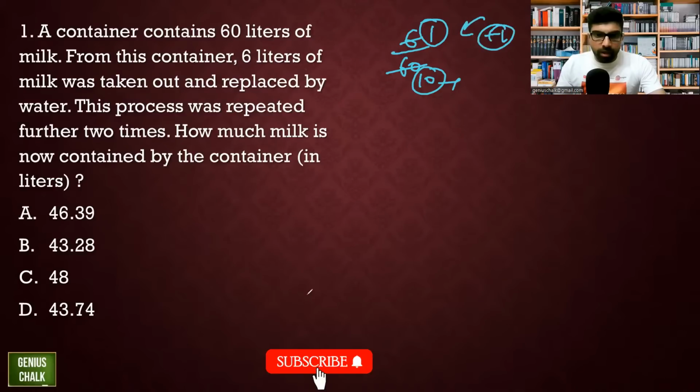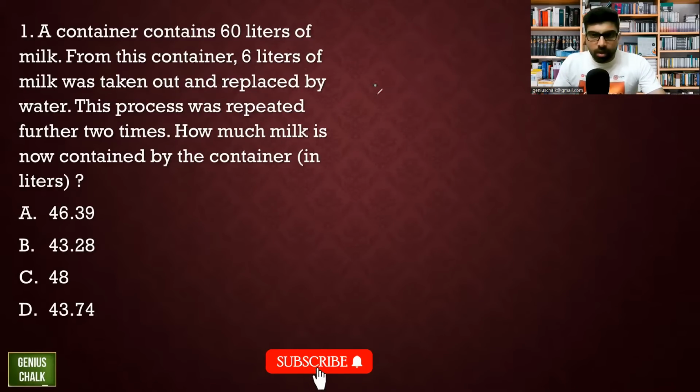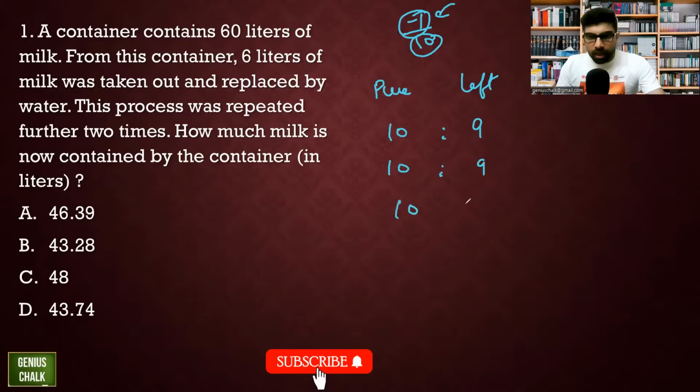That means I can write the ratio that pure liquid is in the ratio 10, and left, because it was 1 by 10, so 1 I am taking out and replacing, 10 was the pure, so 10 minus 1 is 9, and this is happening 3 times. So again 10 is to 9, again 10 is to 9. Why this 9? Because from 10 I am subtracting 1 and replacing it. So this is the amount of liquid left.